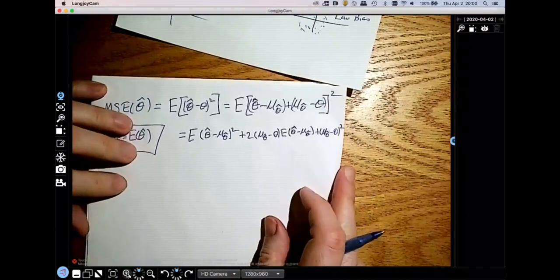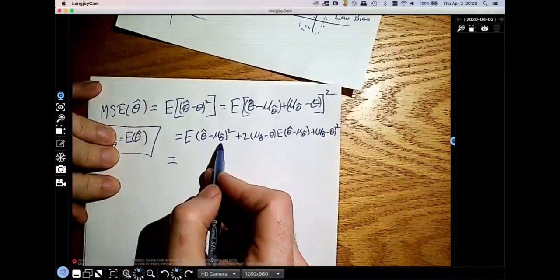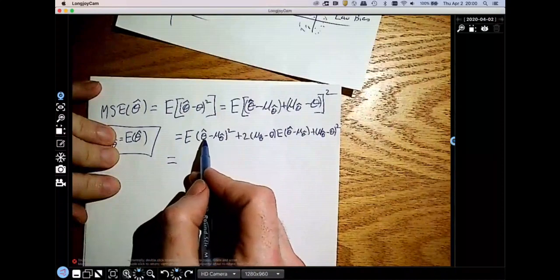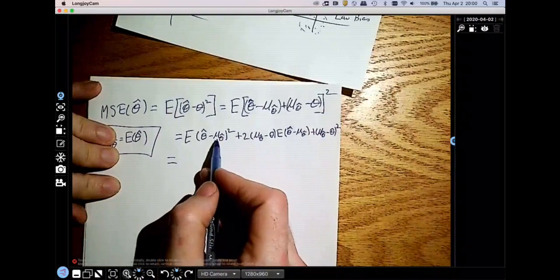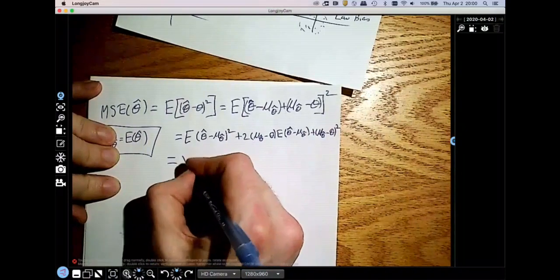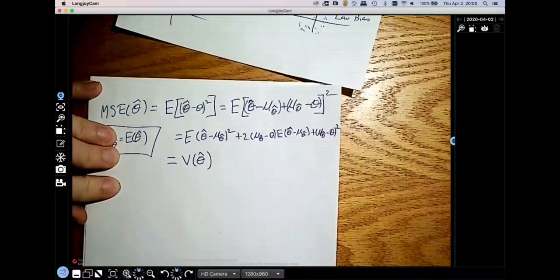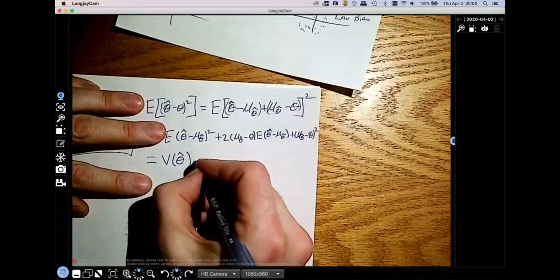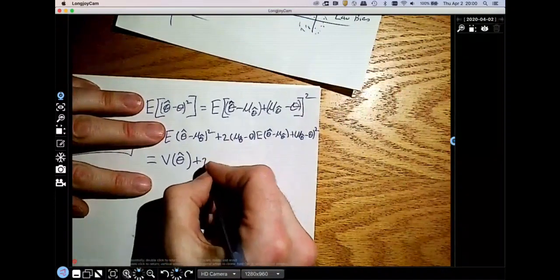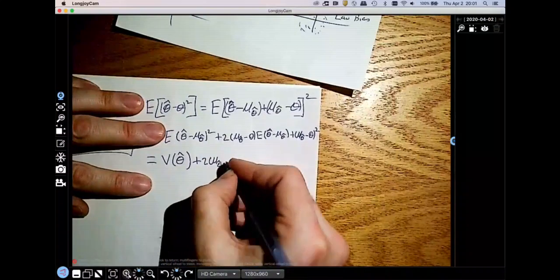All right. Now let's see what we have here. What is this? Well, this is the expected value of some statistic minus its mean. Okay, so some statistic minus its mean squared, well, that's just the variance of theta hat. Now, let's go write out what we have in the second term. It's going to be 2 times mu theta hat minus theta.